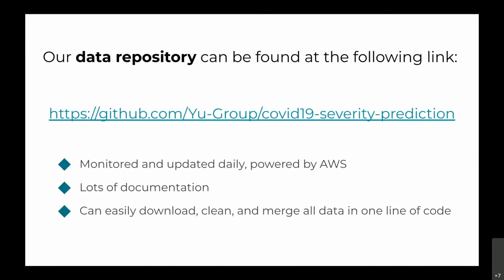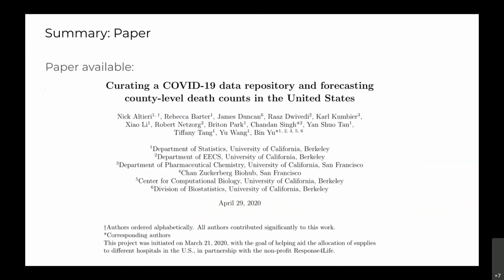And we make sure it can be easily downloaded, cleaned, and merged in one line of code. And we have a paper that documents how we do this, both for the data part and for the later modeling part. All the previous plots are from the paper. If you want to know more about the details, you can check out this paper.